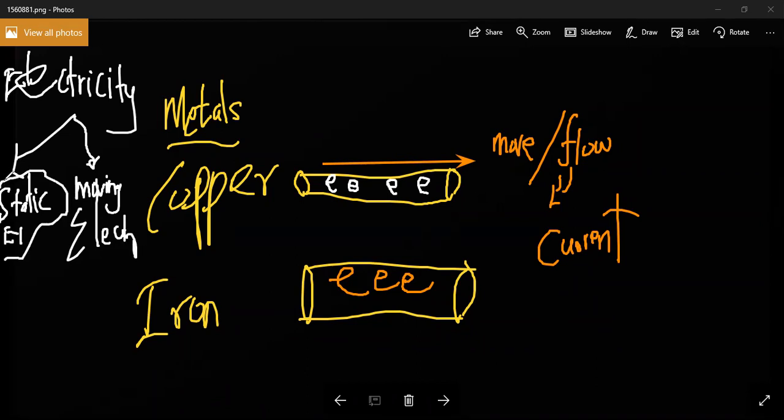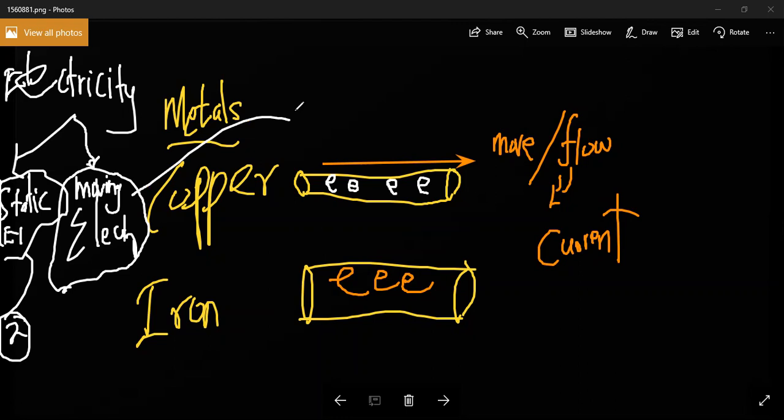Static electricity we studied in grade 7, chapter number 2. Now we are going to talk about moving electricity. Another name for moving electricity is electric current.